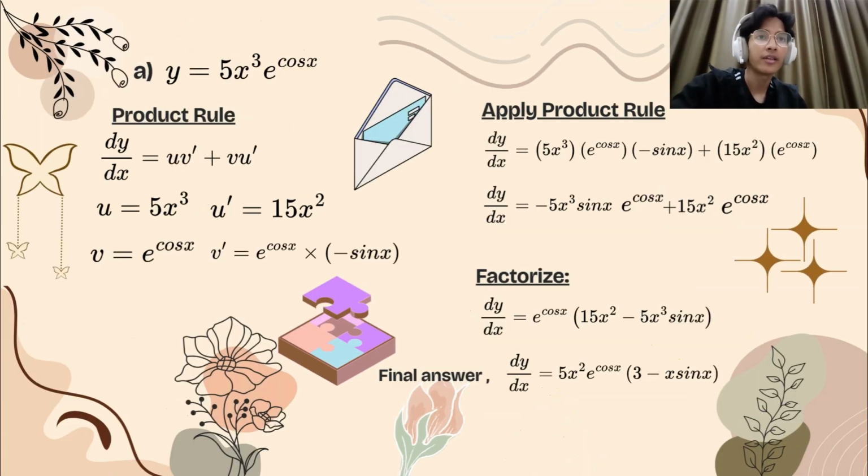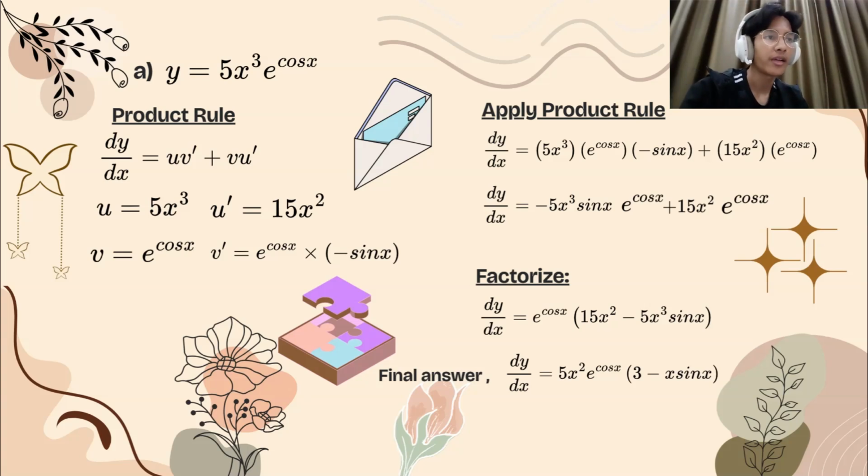We're going to apply the product rule: dy over dx equals u prime v plus v prime u. For u, we have 5x cubed, and for u prime, we get 15x squared. And for v, it is e to the power of cos x, and when we differentiate it, we get v prime, which is e to the power of cos x times minus sine x.